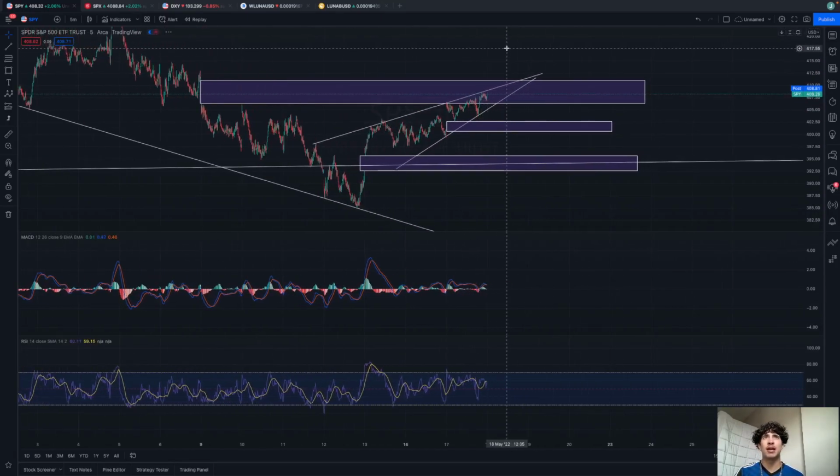So maybe we get a pullback soon. I'm not sure, honestly. We can keep going, get through this gap, keep going, but I think we could be looking at resistance around this gap area. But I really can't confidently say yet. I'm just waiting for a pullback, and then see if we make that bottom, high or low, and we see where we go from there.